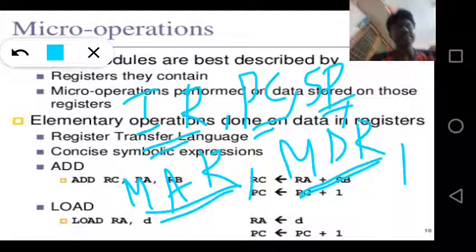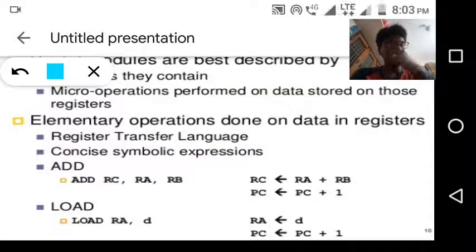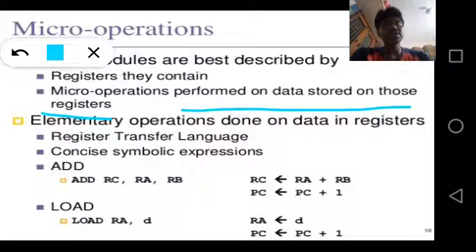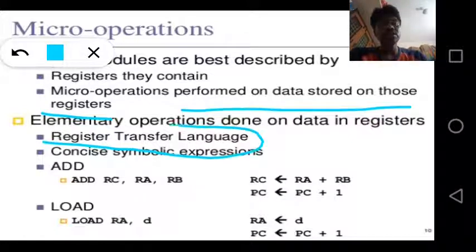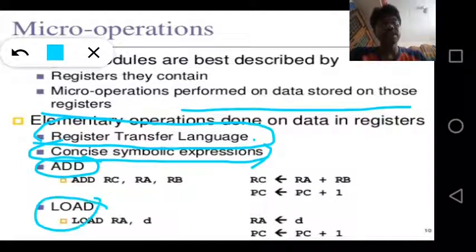Next we see the micro operations performed on the data. Micro operations are the smallest operations performed on data stored in these registers. These elementary operations done on data in registers are described by register transfer language, concise symbolic expressions like add and load. So add and load are register transfer elementary operations.